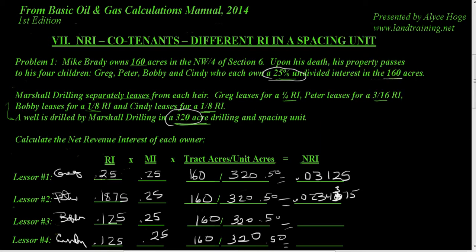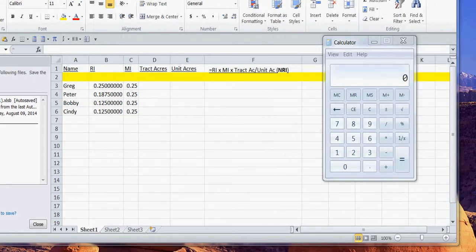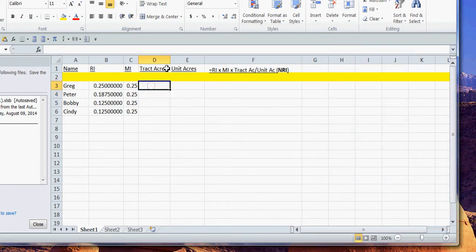So let's go to our spreadsheet. And we'll just plug in these numbers. Now, I've already kind of set it up here. So I've shown you what their different royalty interests are and what their mineral interests are. So now what we plug in here is the tract acres, which is the 160.